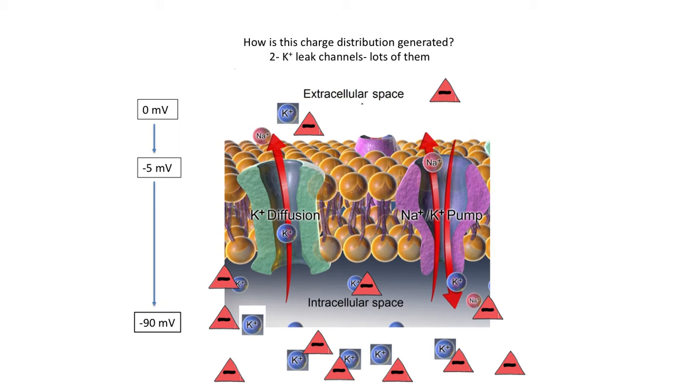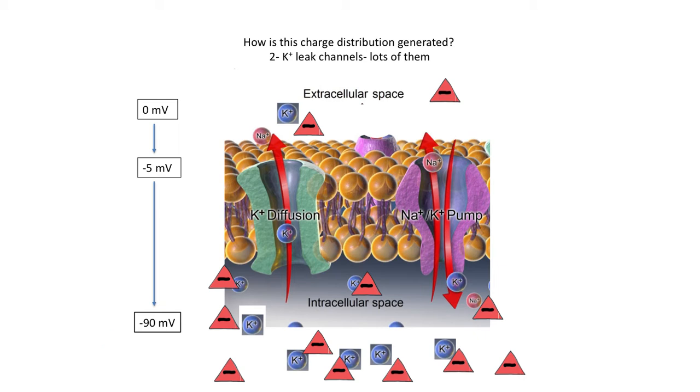Now this is a very busy slide, so let's go through it. First of all, remember we started at no membrane potential, the sodium-potassium ATPase brought it to -5 millivolts, and then as a result of the action of this channel, the membrane potential goes down much further.